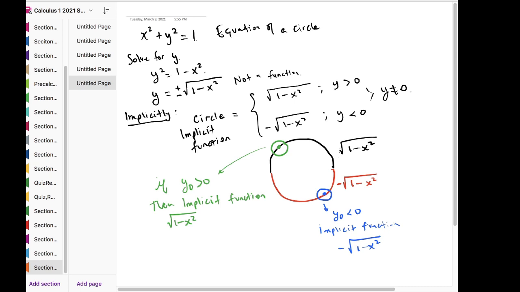There's a problem at these points. They cannot be described implicitly. Okay. All right, so any questions on that?